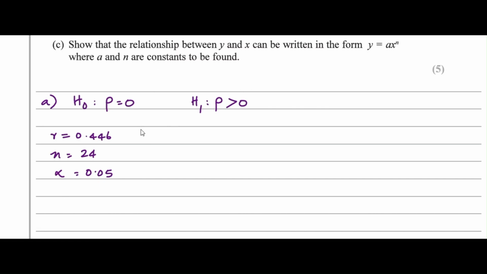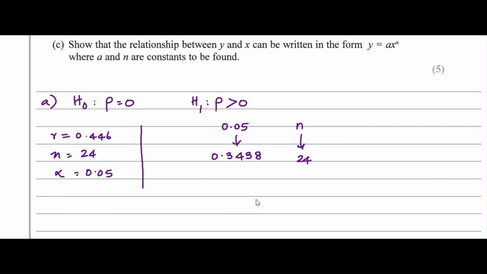Let us now find the critical value for the table. The table shows N here. Under that you look for the sample size of 24, and here 0.05, which is the alpha value. Under that, when I go across, I see 0.3438.